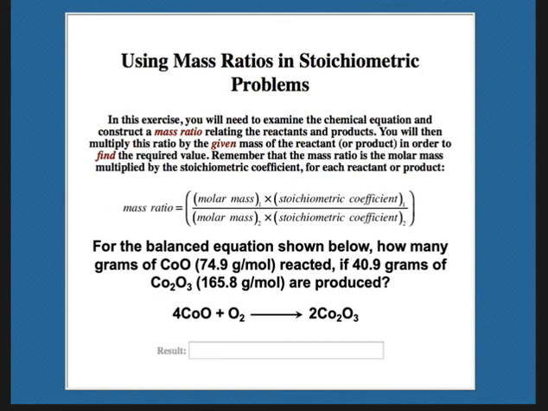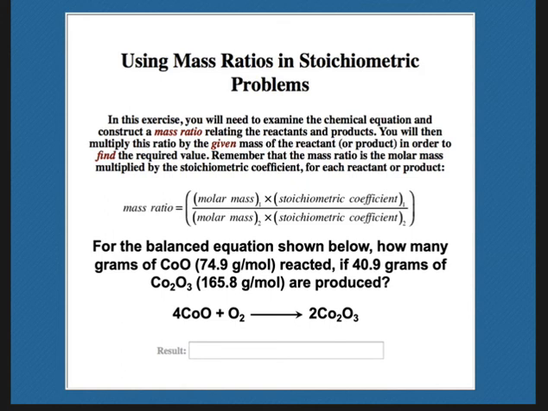So, question here. How many grams of cobalt 2 will we get from 41 grams of cobalt 3? What's your ratio here? 41 grams of cobalt 3, this is our given.